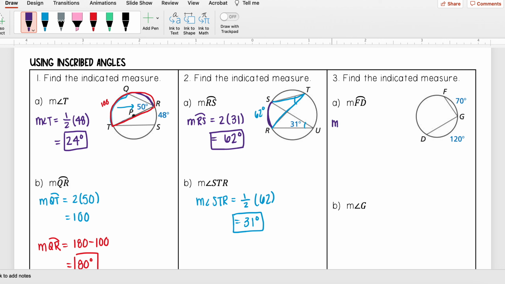So the measure of arc FD is just going to equal 360 minus these 2 arcs, minus 70 and minus 120. When I do 360 minus 70 minus 120, I get 170 degrees.